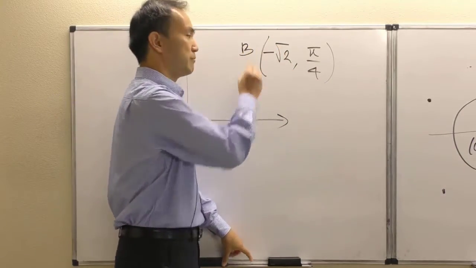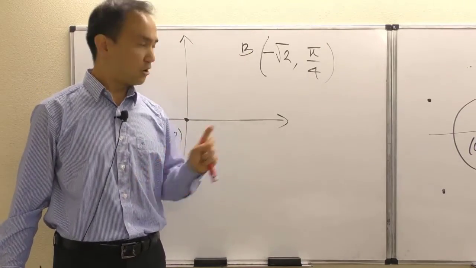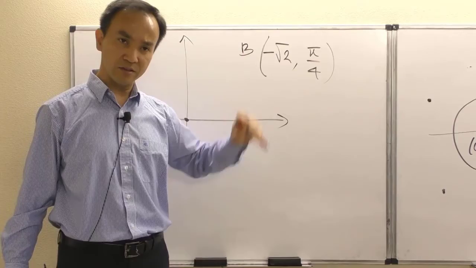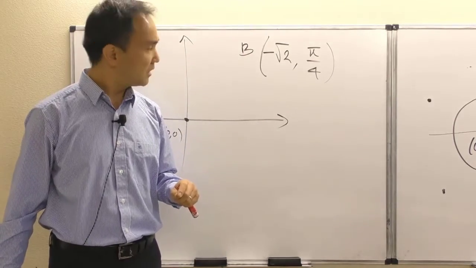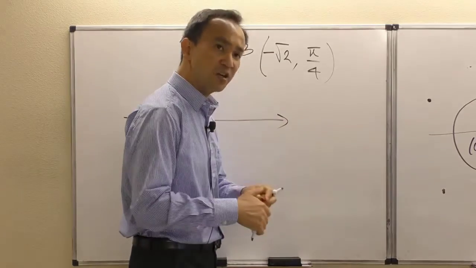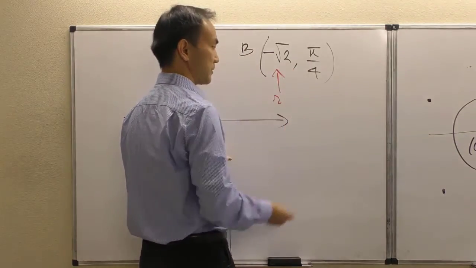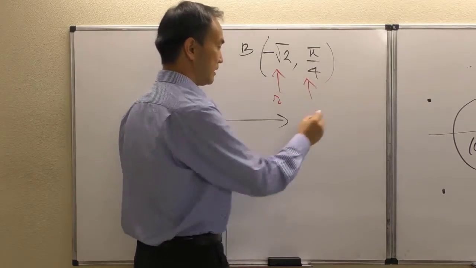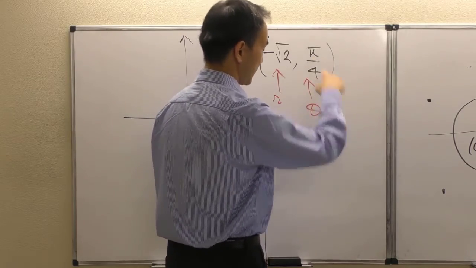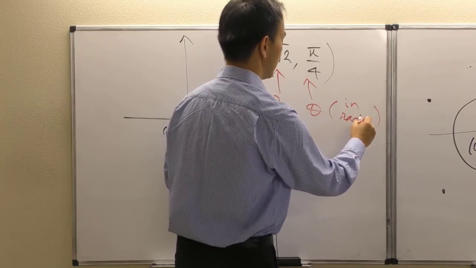Let's call this point B, negative square root 2 comma pi over 4. We know that this point is in polar coordinates representation, so you have to start getting used to this: the first value is the radius, and the second value is the angle theta. And right now it's already given in radians.